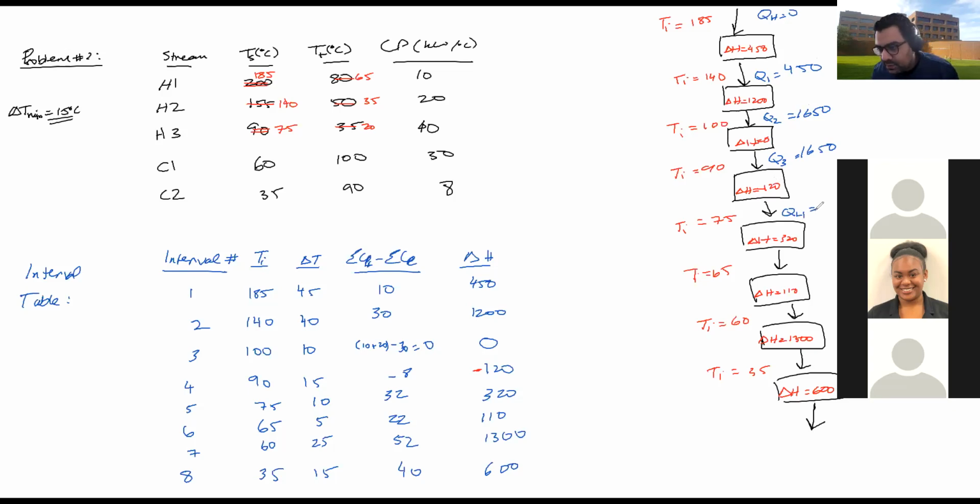This is 1530. Q5, 1530 plus 320, 1850. Q6, 1850 plus 110. This is 1960. Q7, 1960 plus 1300. This is 3260.